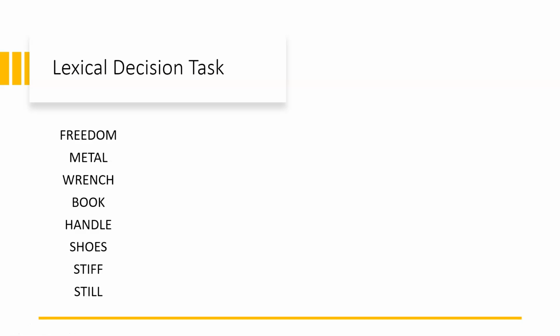So it would take you longer to recognize that this is in fact a real word, and your button press would be delayed. That suggests that this word has in fact been inhibited, like I described theoretically on the last slide.